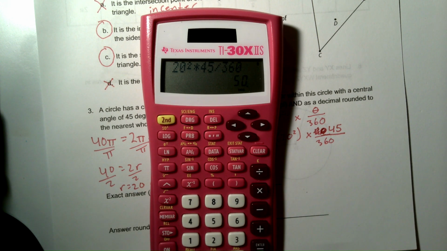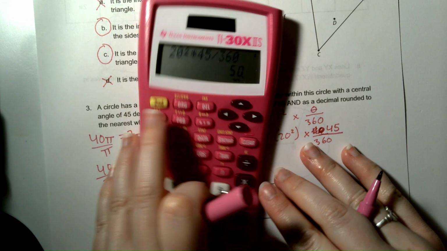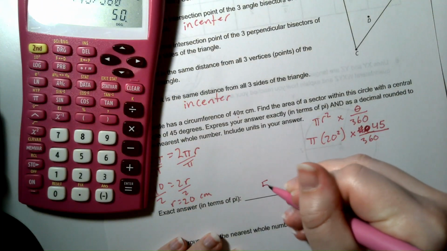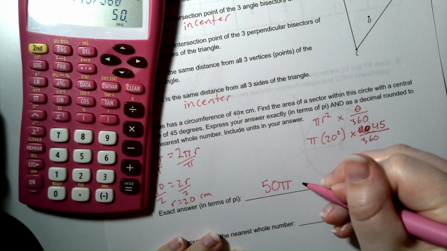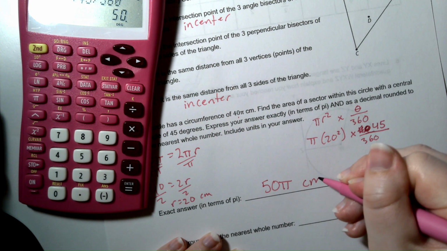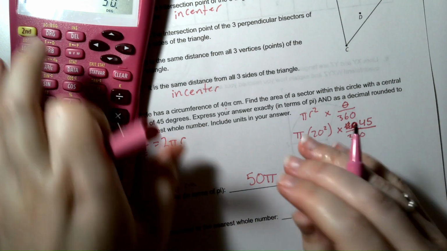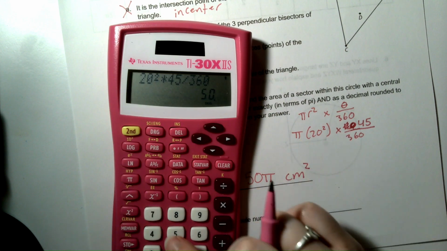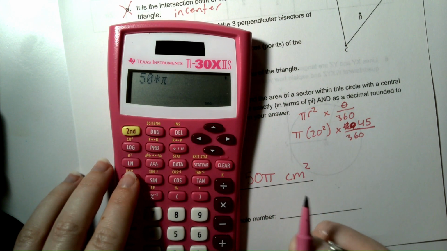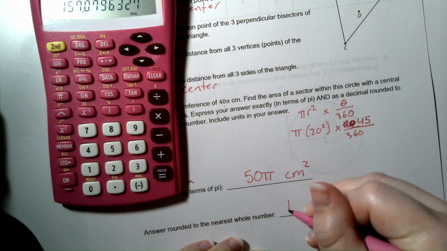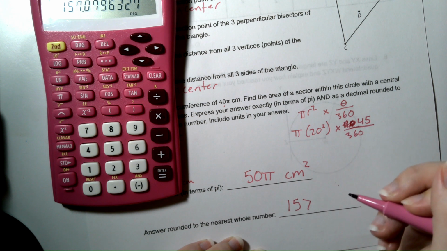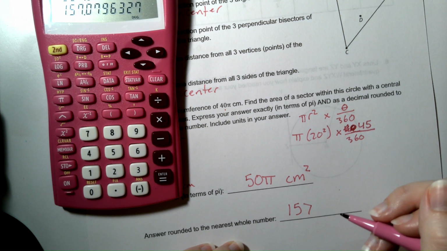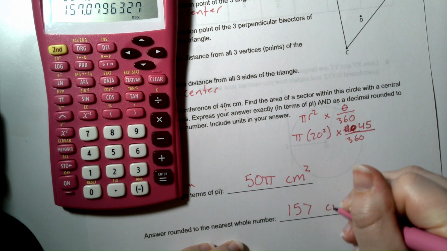That gives me 50, so that means I'm going to have 50 pi in terms of pi. And don't forget units, so square centimeters. And then if I just figure out what 50 pi is, 50 times pi gives me about 157, rounded to the nearest whole number, square centimeters.